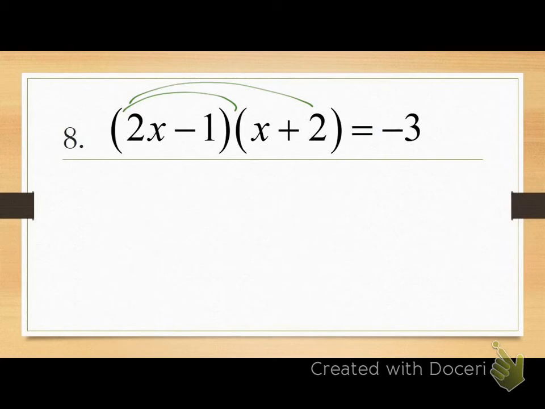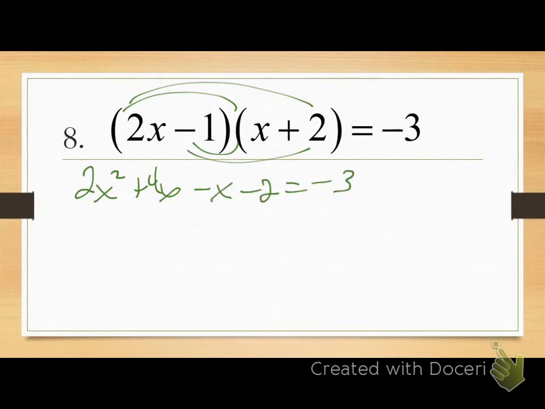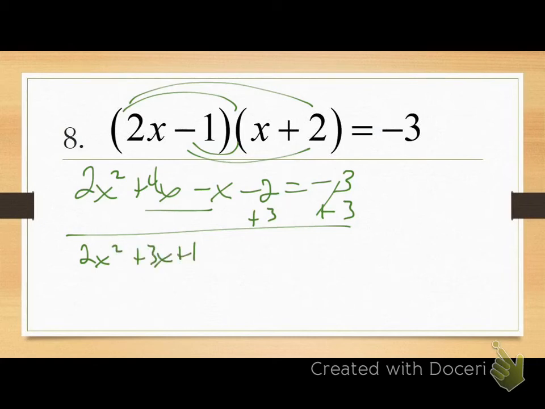So double distribute the 2x, and the negative 1. And then we're going to combine those like terms, and I'm going to go ahead and add 3 at the same time, just for time purposes. So that's our quadratic equation in standard form.